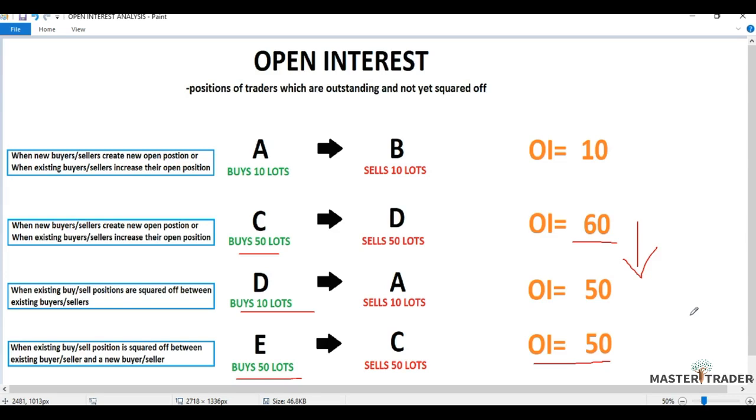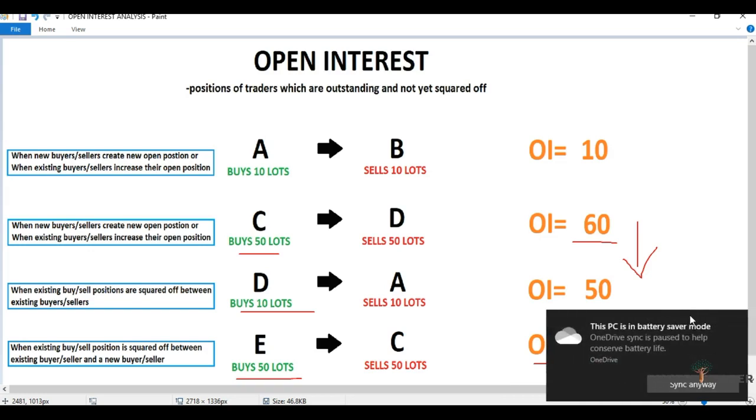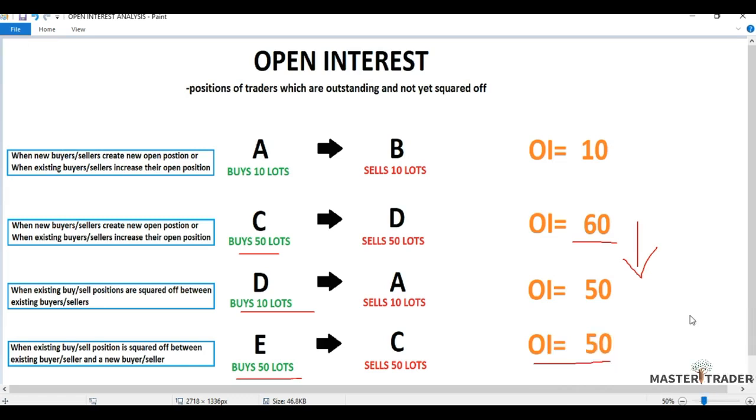Open interest is used in indices like Nifty and Bank Nifty and their options, the calls and the puts, and also in stock futures and their call and put options. It is not to be used in the cash market. It is to be used only for futures and options.